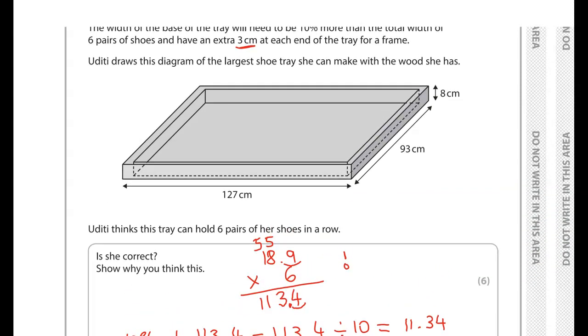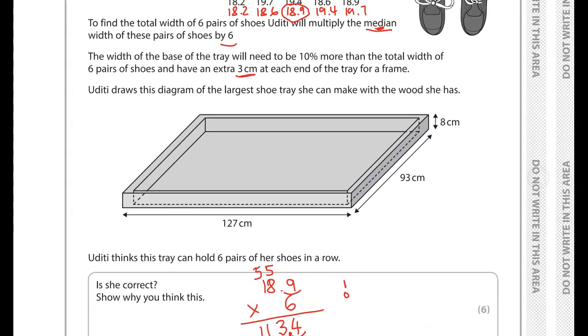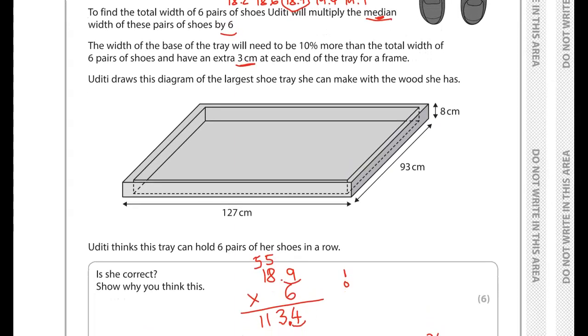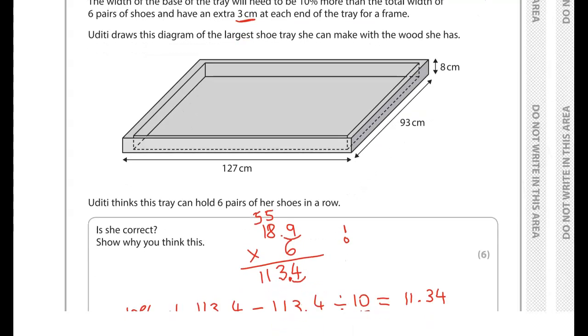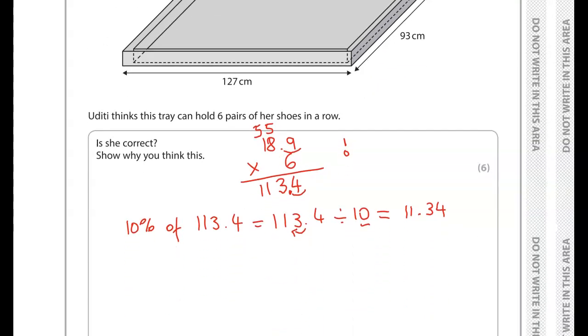So we've got the 10%, which we're going to add on top of the 113.4. So 113.4 add 11.34. So we line up the decimal points.